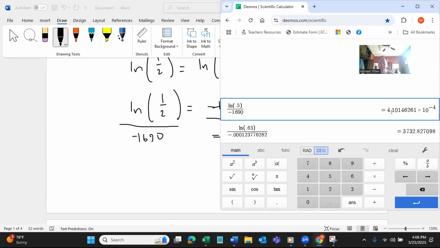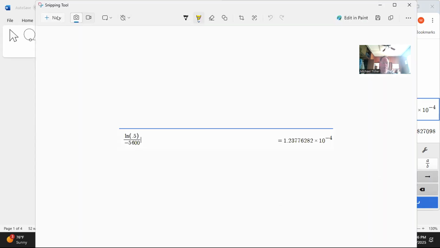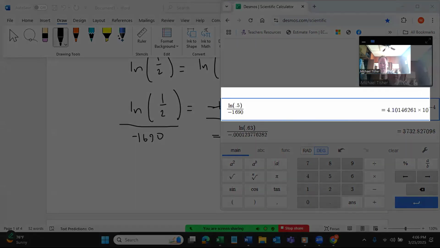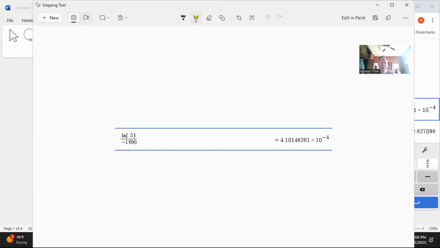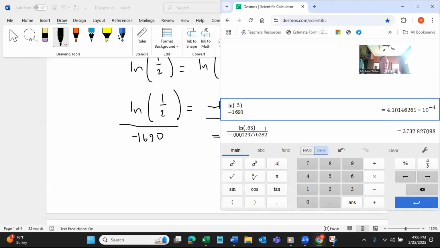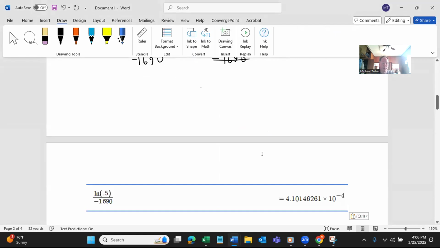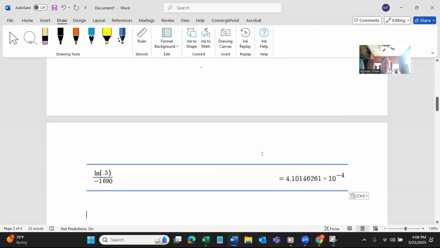And that's going to give us this number in scientific notation. So k is equal to... Now let's rewrite the scientific notation in regular notation.